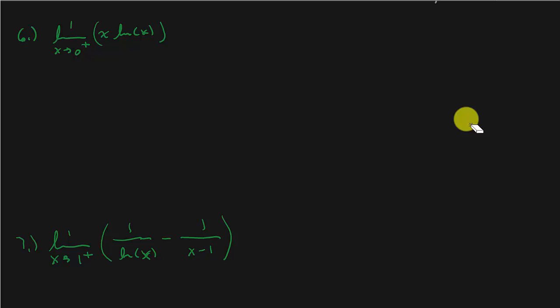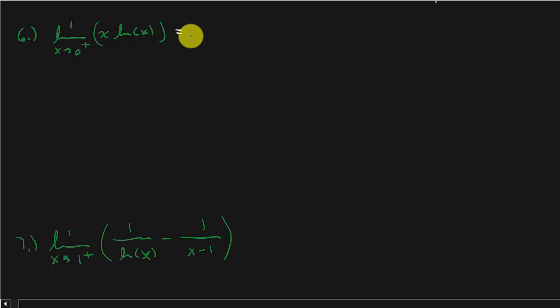So let's see if we can rewrite this thing to see if we can get it in the form where we can apply L'Hopital's rule. So I'm going to rewrite this as the limit as x goes to 0 from the right of natural log x over 1 over x.